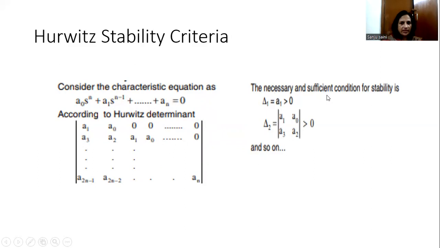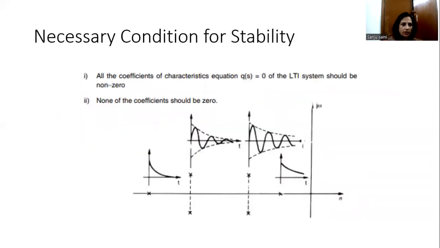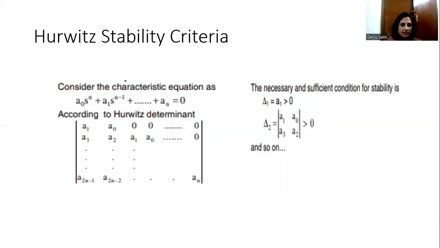Then the necessary and sufficient condition for stability: because we want to establish the sufficient condition for stability, the criterion that all the coefficients are non-zero is not sufficient, as we stated in the previous slide. So in order to establish the necessary as well as sufficient condition for stability, what is required is that all the principal minors of this Hurwitz determinant are greater than 0.